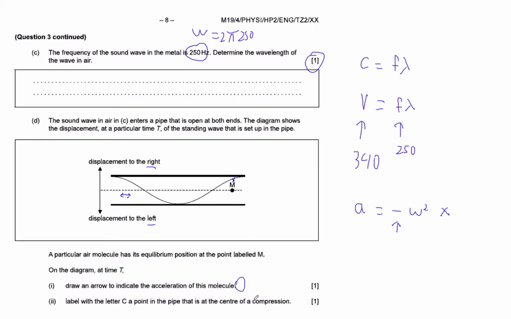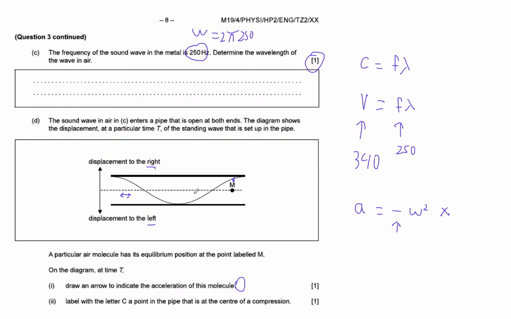And then label letter C at a point where the pipe is at the center of a compression. Start thinking about these spots. These particles have moved to the left, these particles here have moved to the right, then these have moved to the right, and these have moved to the left.